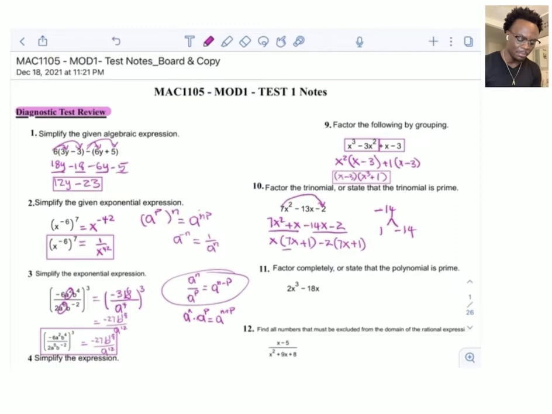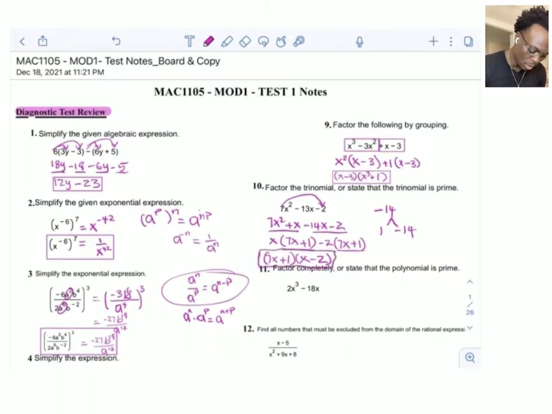Now I have the binomial 7x plus 1 that is my new GCF that I can pull out again, 7x plus 1, and open another pair of parentheses in which I'm going to put x first and negative 2 next. That concludes the factoring of this expression 7x squared minus 13x minus 2.